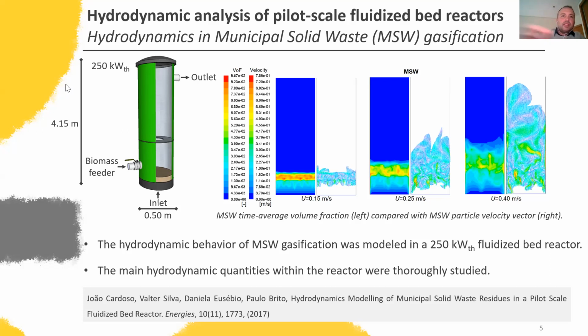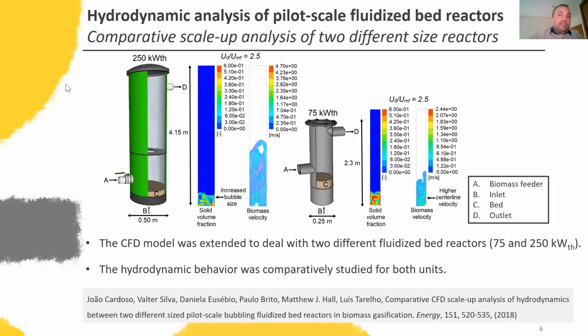And what we have done in this set of works is later to compare the best conditions in each case. Because when we go to the industry partners, they want the best conditions for their process itself.